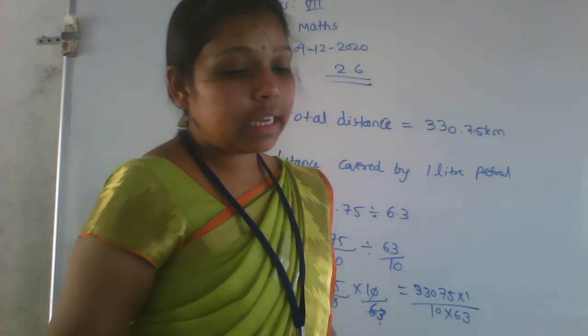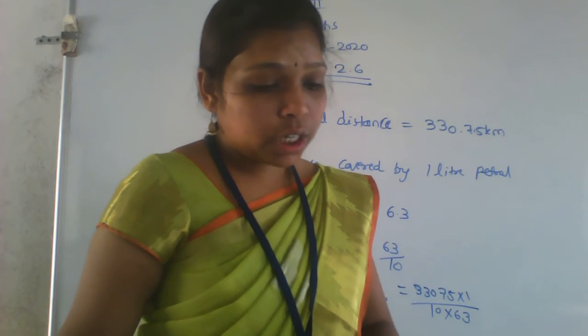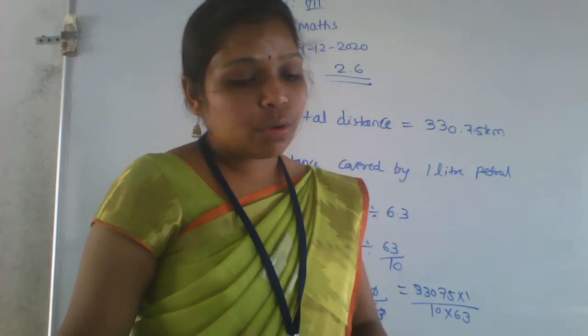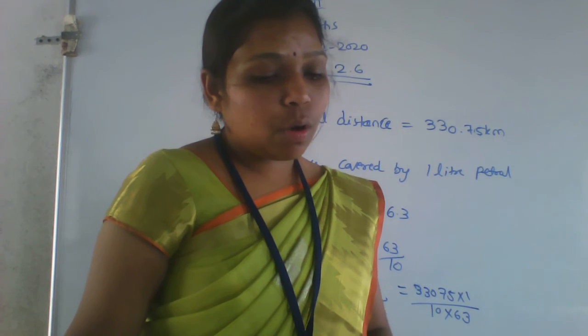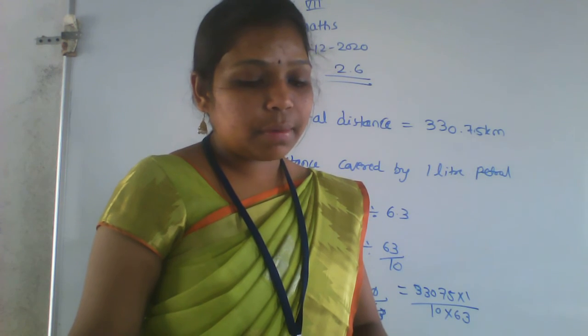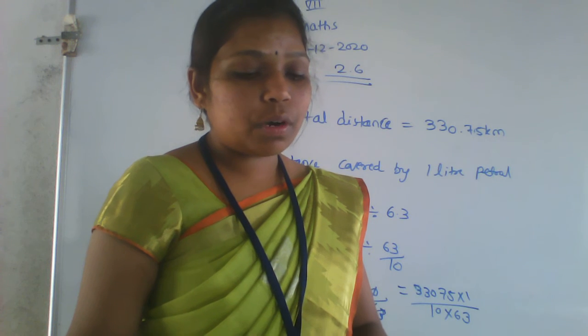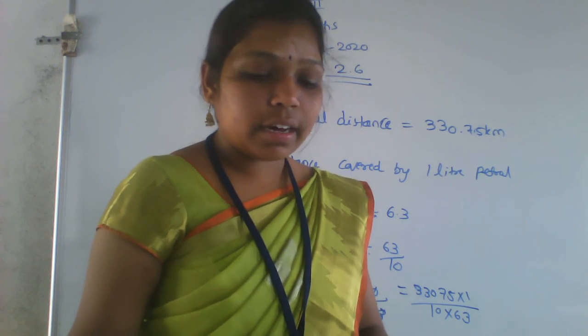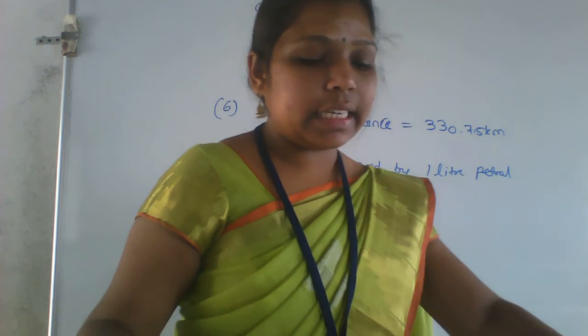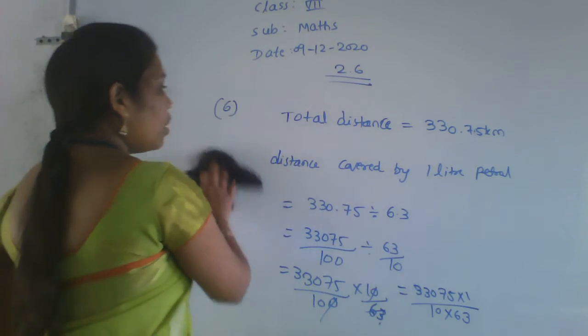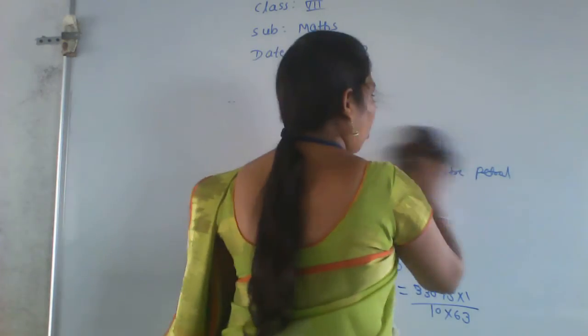Next we will go for the seventh question. Kishan built a tower out of blocks. Each block was 1.75 centimeter tall. He built a 43.75 centimeter tall tower. So how many blocks did Kishan use? You have to find the number of blocks here.